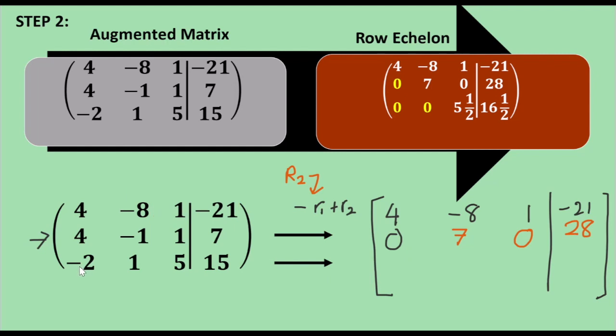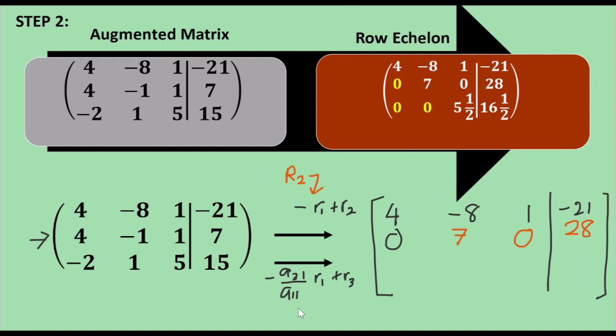Now let's reduce the value minus 2 here to 0. How do we do that? The formula is almost the same as the second row. We take negative of A31 here divided by the coefficient of 1, 1, which is A11, multiplied by the first row plus the third row.